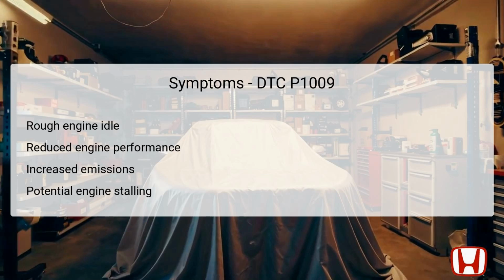Additionally, increased emissions may be observed, as improper valve timing can lead to inefficient combustion processes, causing the vehicle to produce more pollutants. Furthermore, in severe cases, the engine may experience stalling due to inadequate air-fuel mixture management. Recognizing these symptoms early is essential for prompt diagnosis and repair, preventing further complications.